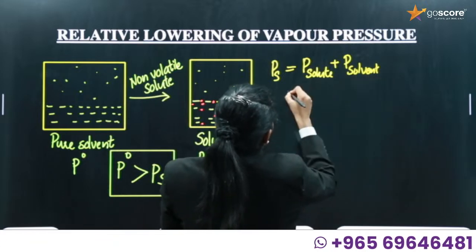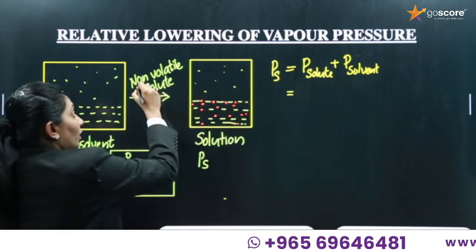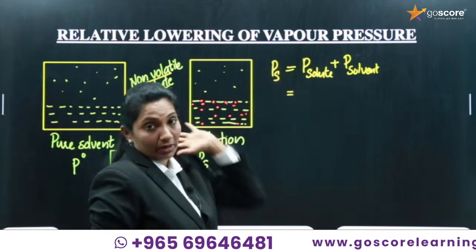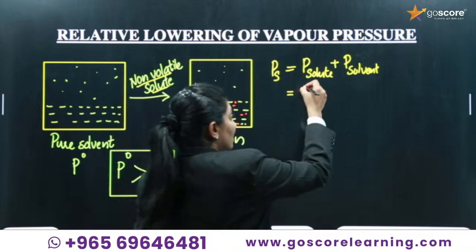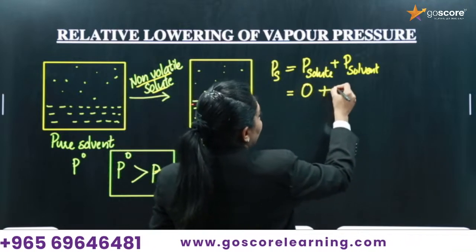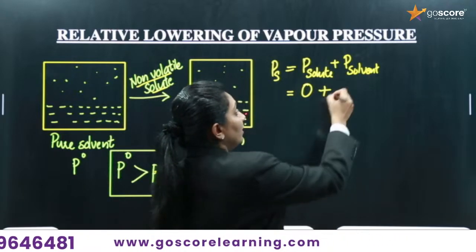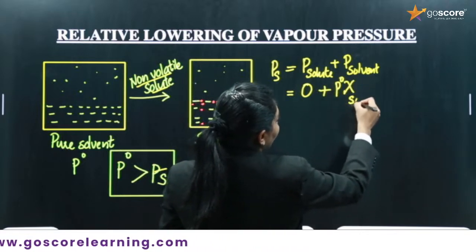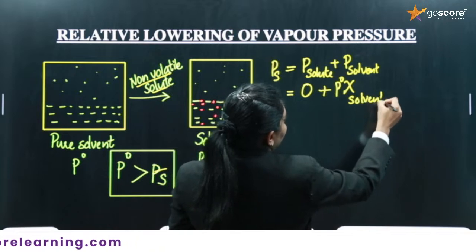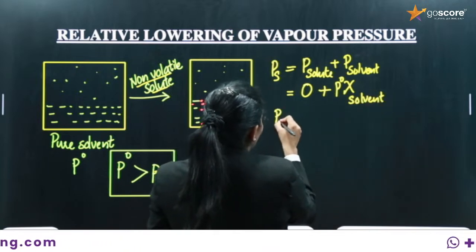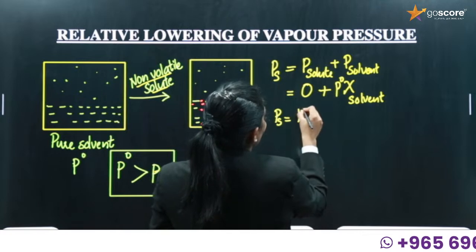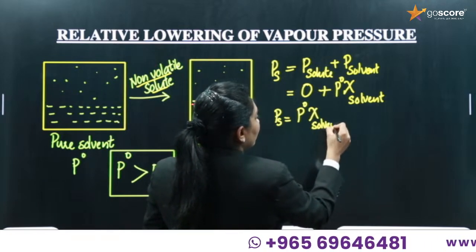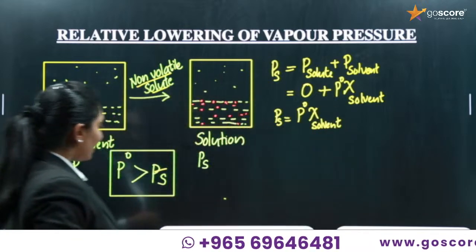Since the solute is non-volatile, its pressure is 0. So PS equals P naught into the mole fraction of solvent.